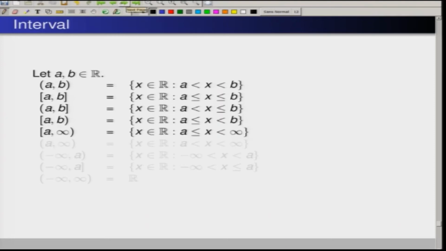A closed, infinity open. Suppose we say that is all numbers which are greater than or equal to A. So suppose [0, infinity) means what? It is the set of all x such that x is greater than or equal to 0.